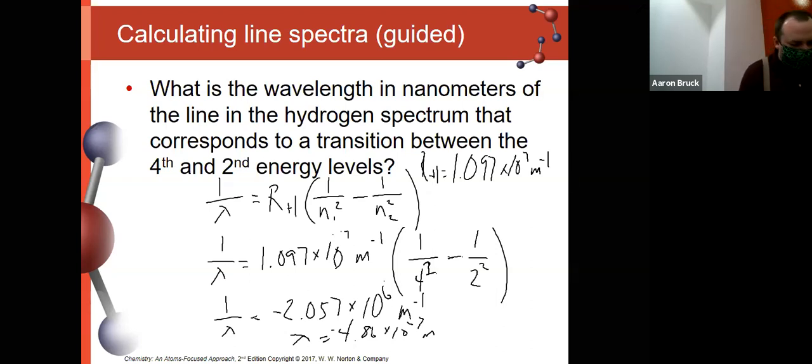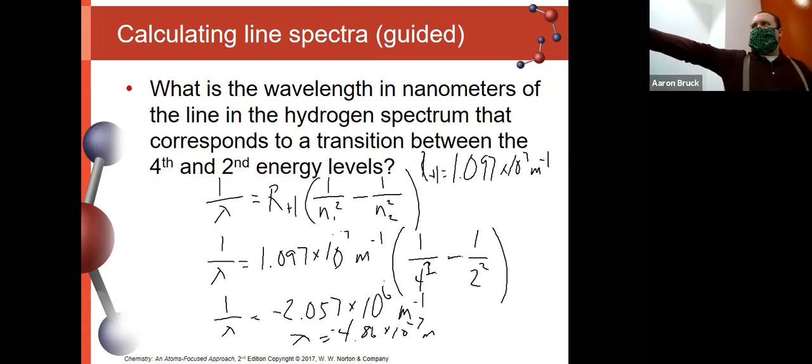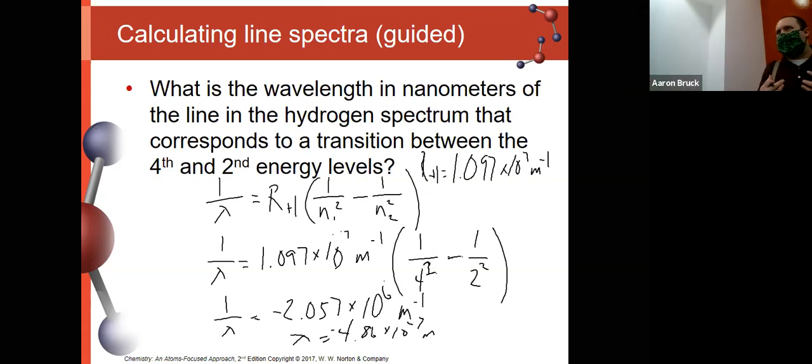Now, the negative there is not terribly significant. All that means is that if I go from the fourth energy level down to the second energy level, light is emitted. That's what the negative means. If the number was positive, that would mean that energy had to come into the atom to make that transition happen.